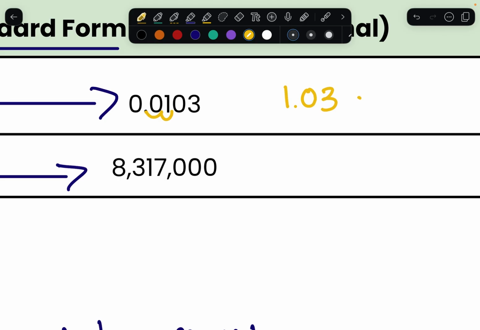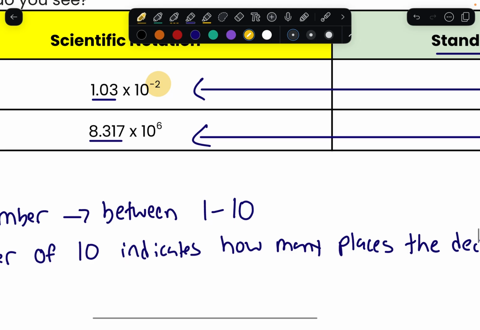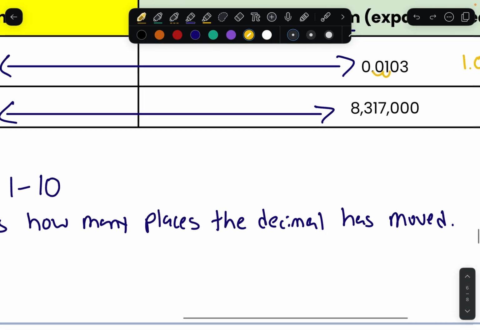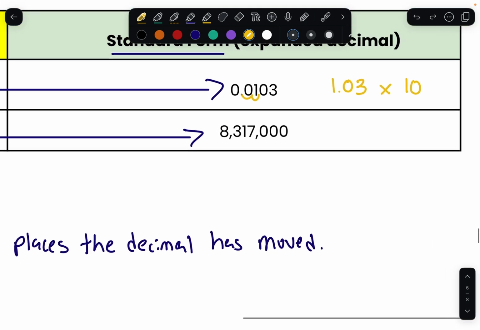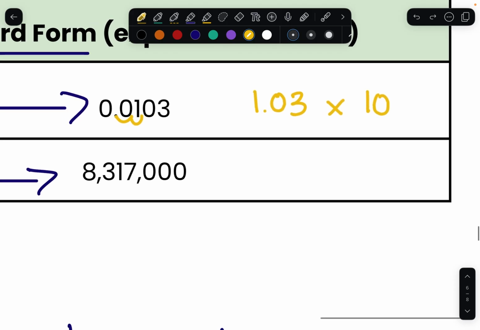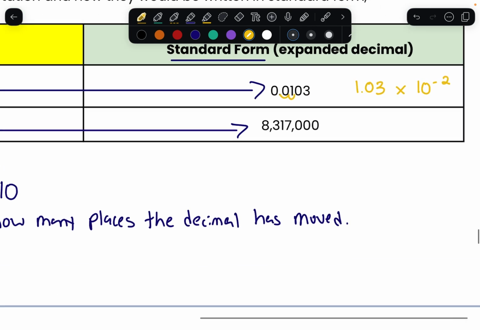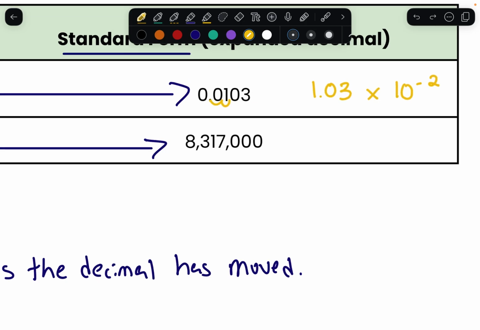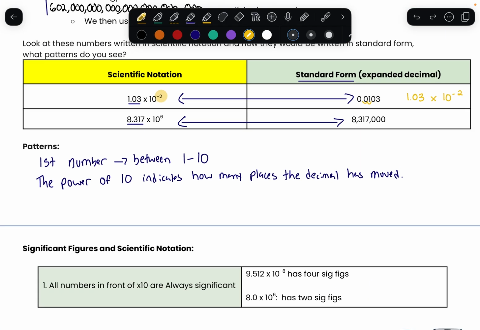Now, when we record the exponent number, we notice that for this particular value the exponent is negative. Negative exponent values are used for numbers that are small, less than 1. So because we moved this 2 places, and because this expanded decimal form number is smaller than 1, we're going to make the exponent on this value negative 2.